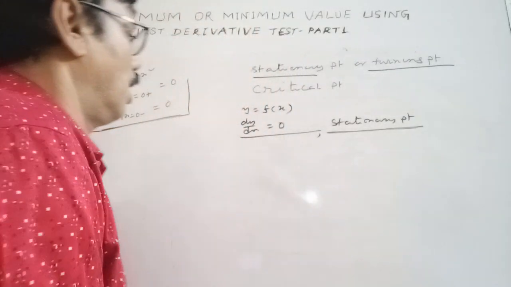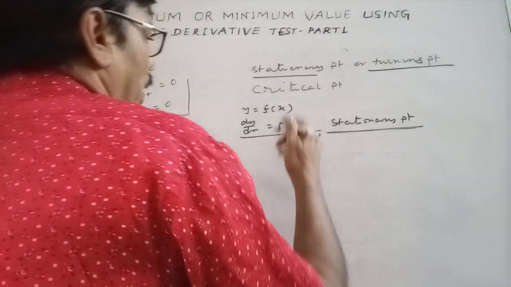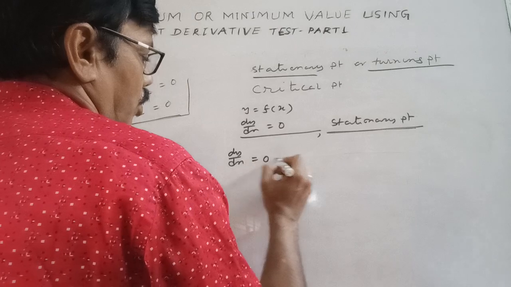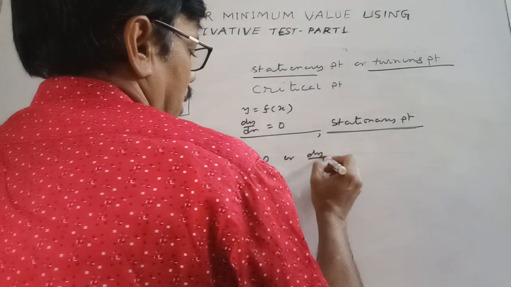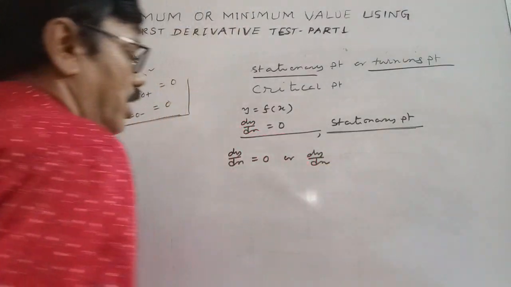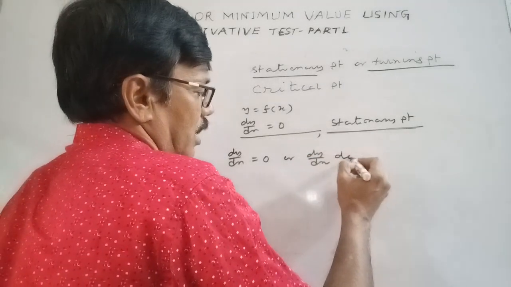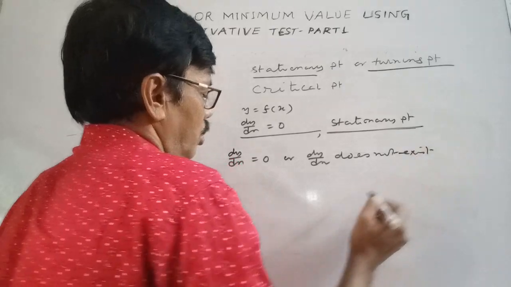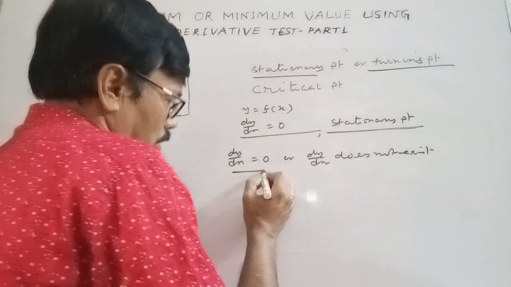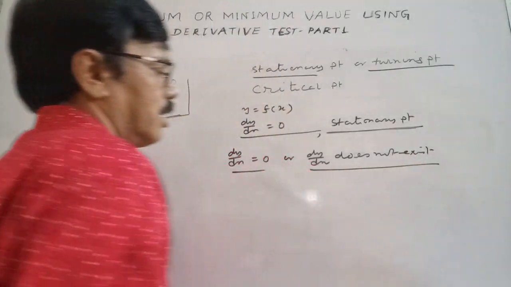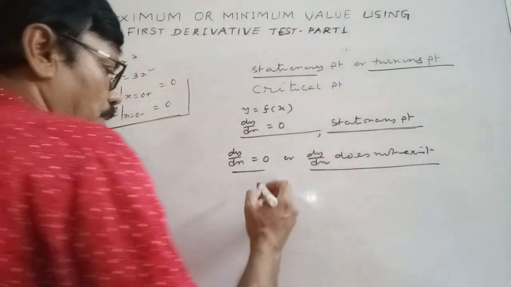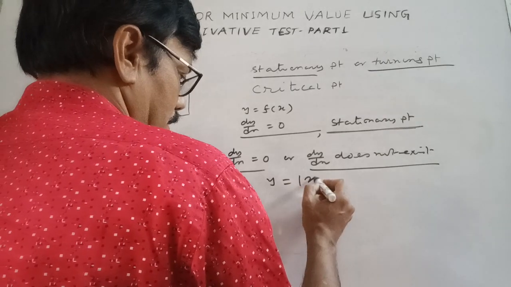And what is critical point? Critical point is dy by dx equals to 0 or points at which dy by dx does not exist. For example, y equals to mod x.